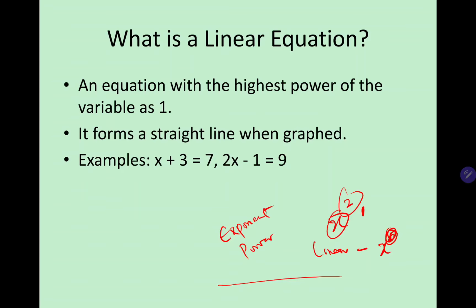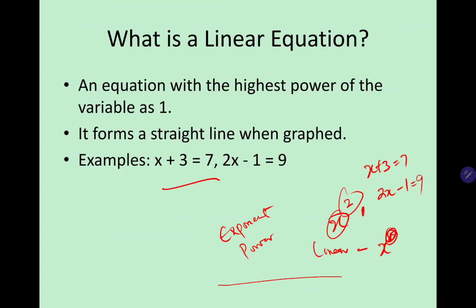Examples of linear equations: x plus 3 is equal to 7, and 2x minus 1 is equal to 9. Let's take some examples as usual. If we're told to find x, for instance, it's as simple as ABC.